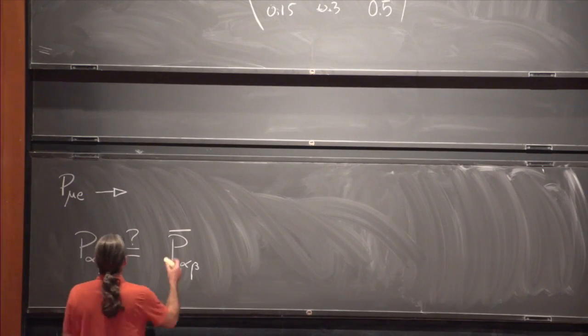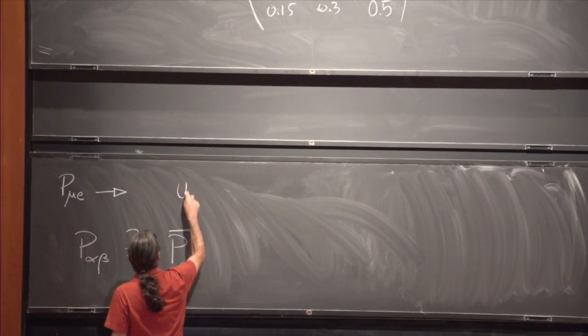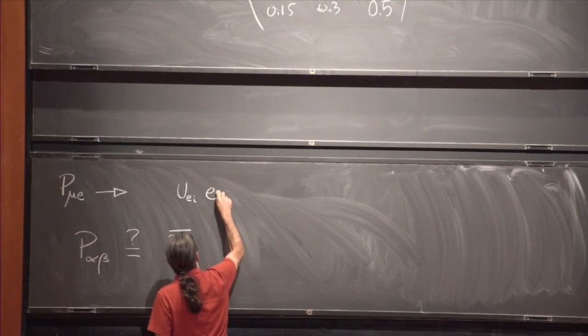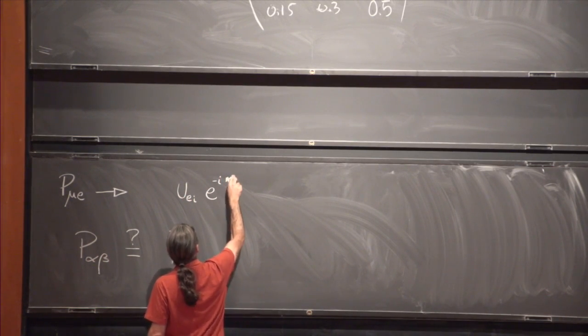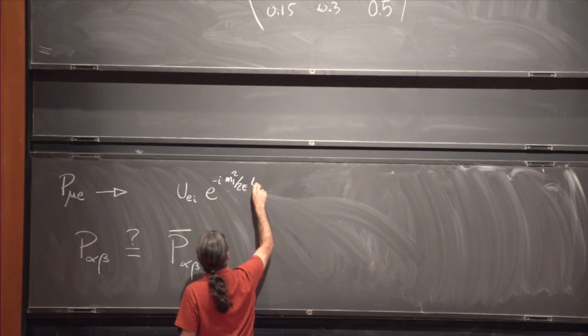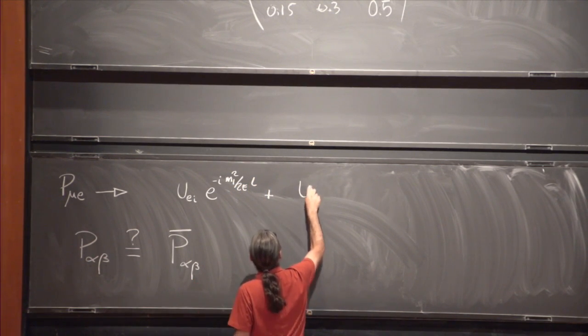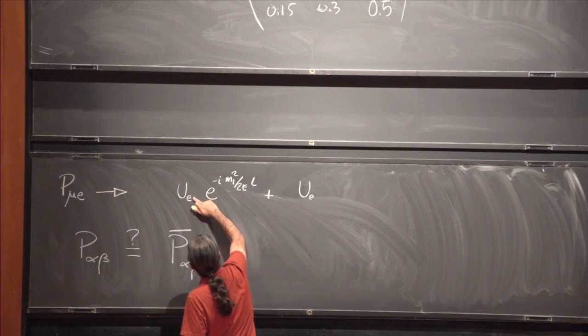So this probability looks like, so I start out with a nu e, which I said looks like this. So this is the part of the amplitude for doing this. I'll put a 1 here.